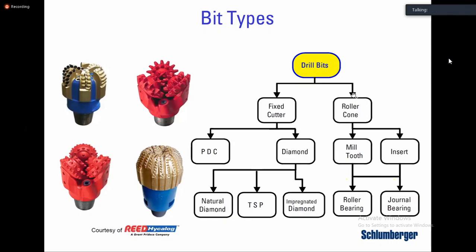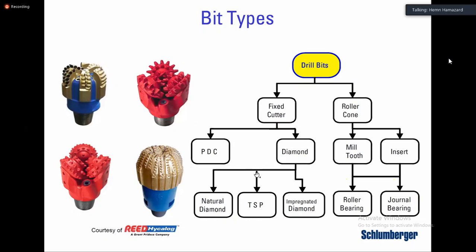So for drill bits, we have roller cone bits like these, and fixed cutter bits like this one. For the fixed cutter bits, we have diamond bits and PDC bits. Diamond bits don't have any application in most of the oil wells in Kurdistan, but some geothermal wells out here use diamond bits.